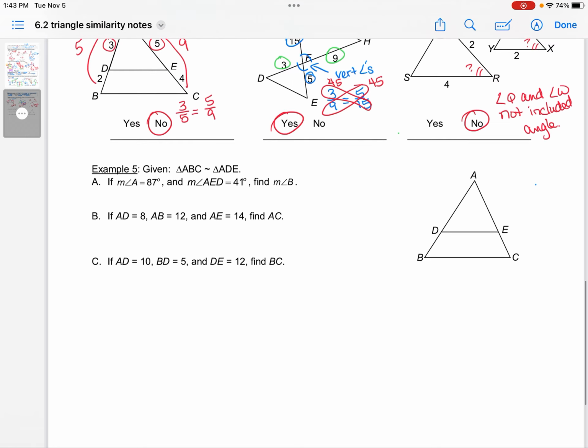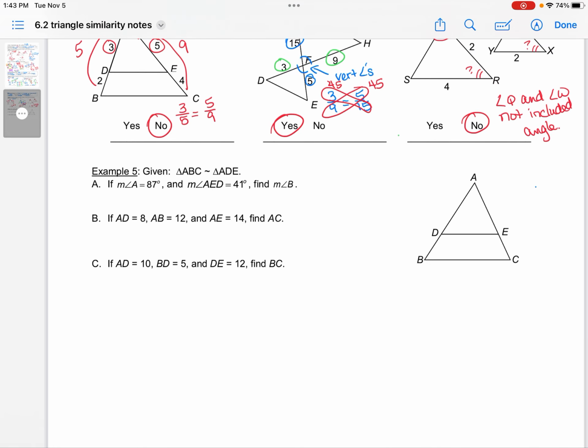Okay, last problem. Okay, so they tell us similar. And remember, if we just have the squiggle line without the equal sign, it just means similar. So angle A is 50, angle A is 87, AED is 41, so that means this one is also 41.